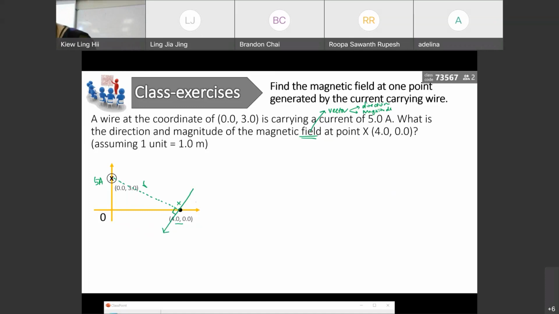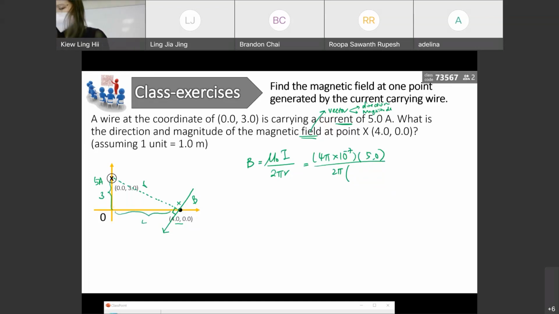So what is the value? Since this is a straight wire, use the formula for straight wire, mu naught I over 2 pi r. Mu naught constant is 4 pi times 10 to the power of negative 7. Current is 5. R is the distance. Here it is 3 meter, from here to here is 4 meter.